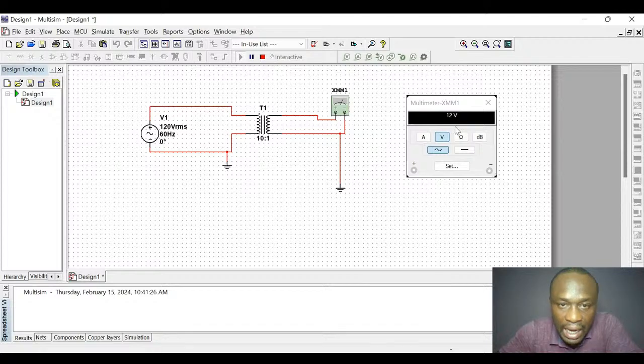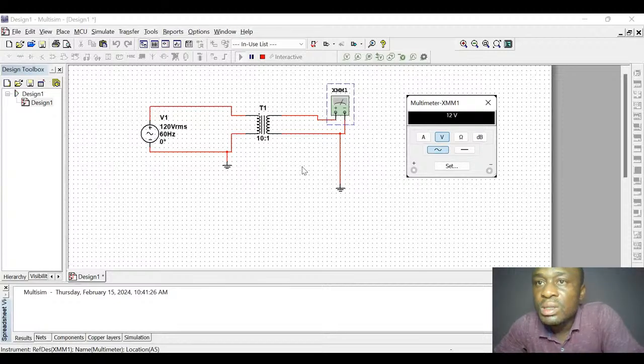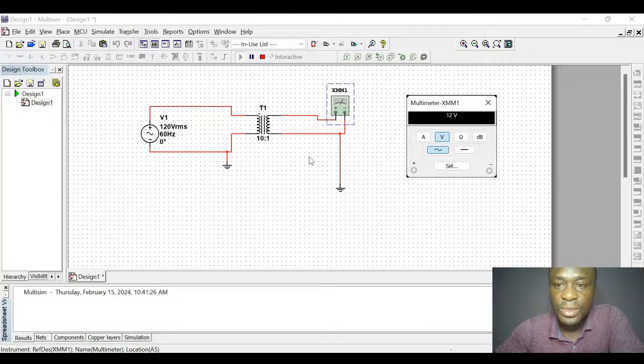At the output, where we connected our multimeter, we are reading 12 volts, which means the transformer has stepped it down to 12 volts. Is it clear to you? Because I will still write other things. Is it clear to you before we go into the mathematical solutions?